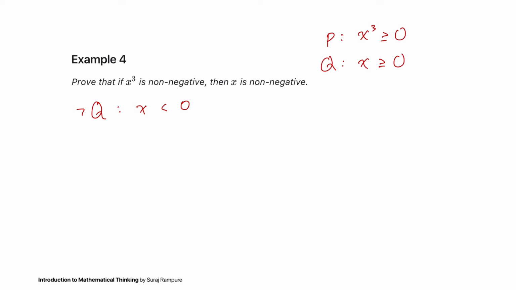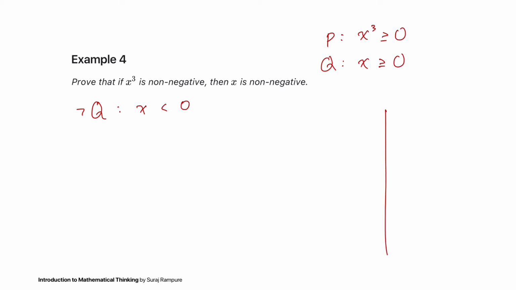Okay, so how can we proceed now? We have x is less than 0. How do we proceed? Yeah. Then that implies that x cubed is less than 0. Yeah, perfect. This proof, there aren't a lot of steps to this one, right? If we're assuming that x is negative, the cube of any negative number is negative.